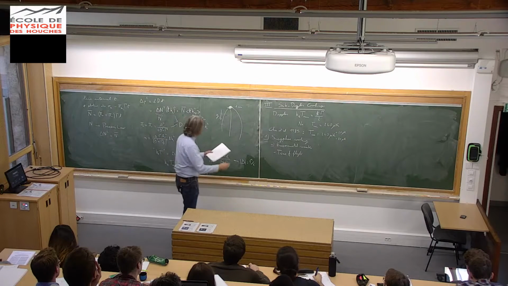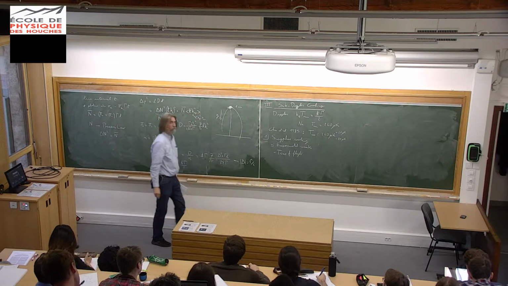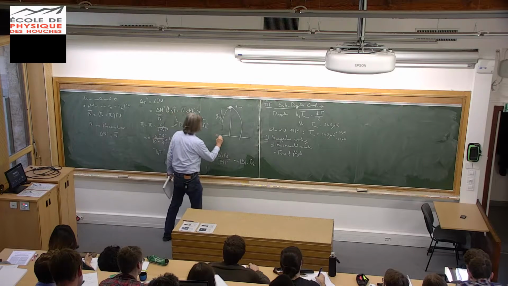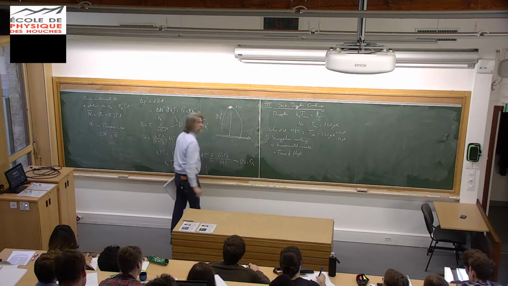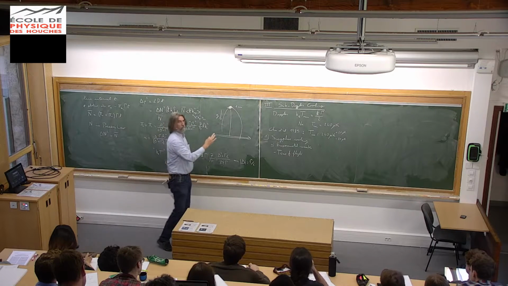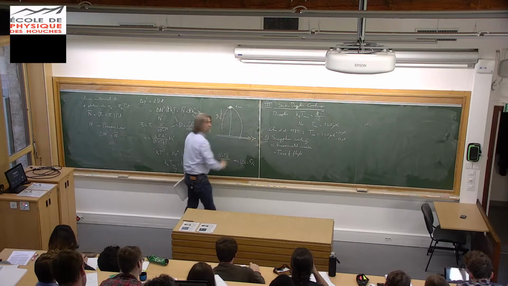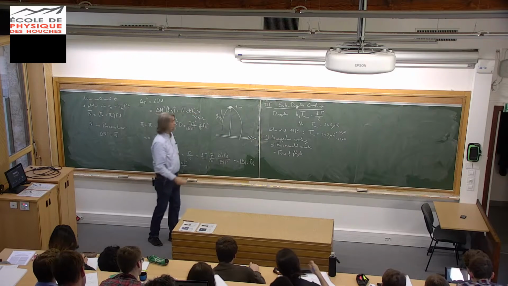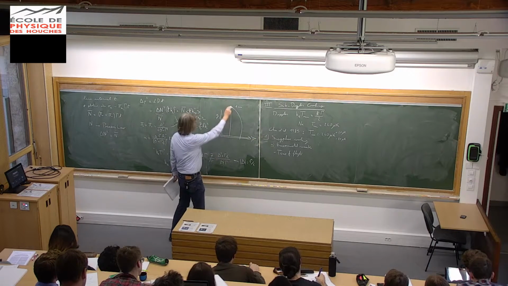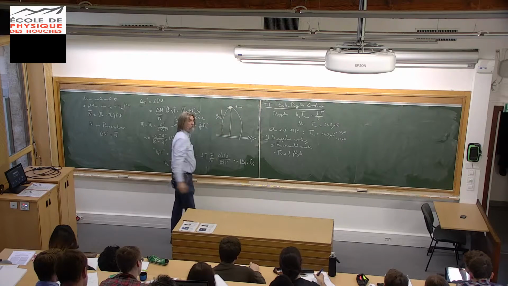And if at some position below the trap you just put some light and either collect the fluorescence from the atoms, or you just look at the absorption of your beam, then you will see your atoms that were initially here.